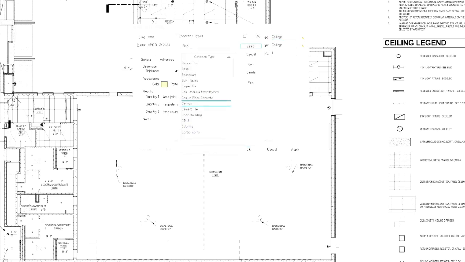So since we have something preloaded, let me go ahead and show you what we have. Just click on this magnifying glass. This brings up all of the condition types. And if I want to create a new condition type here, I would just hit new, and right there I can start creating a new condition type. But I don't need to do that, so we'll hit delete.